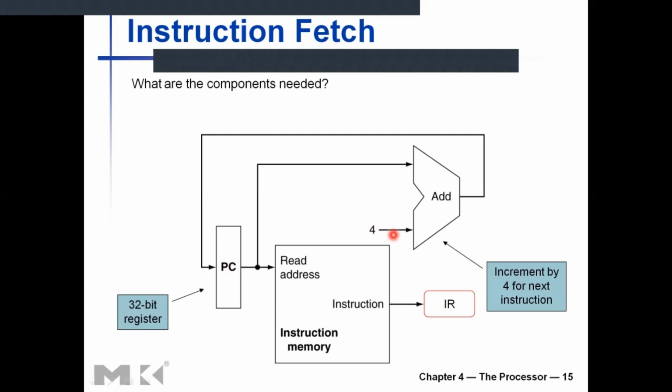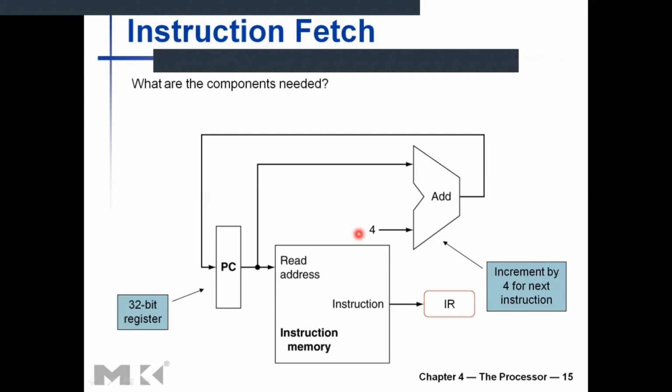By 4 meaning by 4 bytes, right? So essentially you are incrementing not the 0th bit position, not the first bit position, but the 3rd bit position. You are adding 4 to that, right? That addition may generate a carry at each bit position, so you need an adder which can handle carry as well.